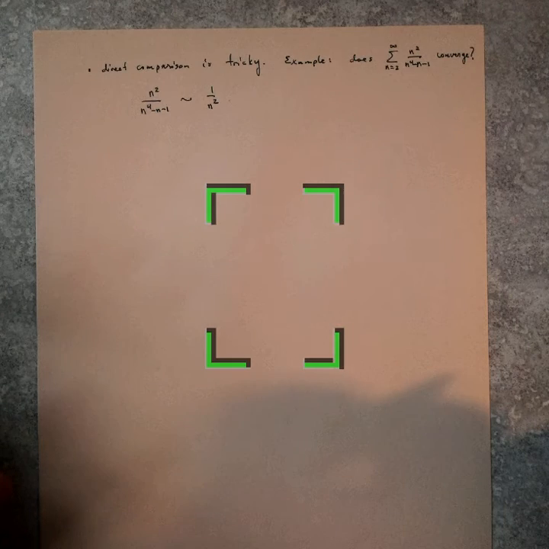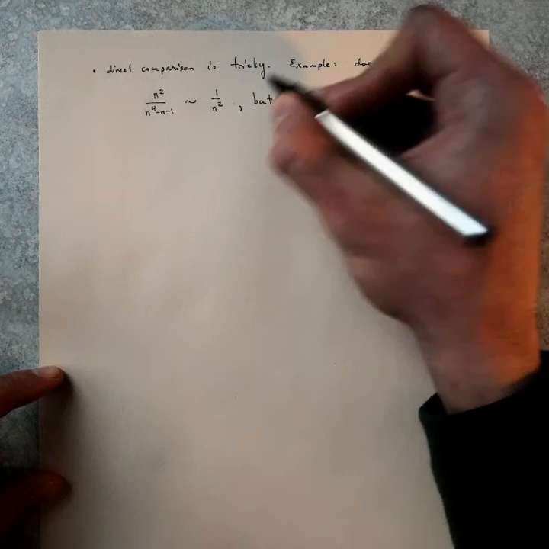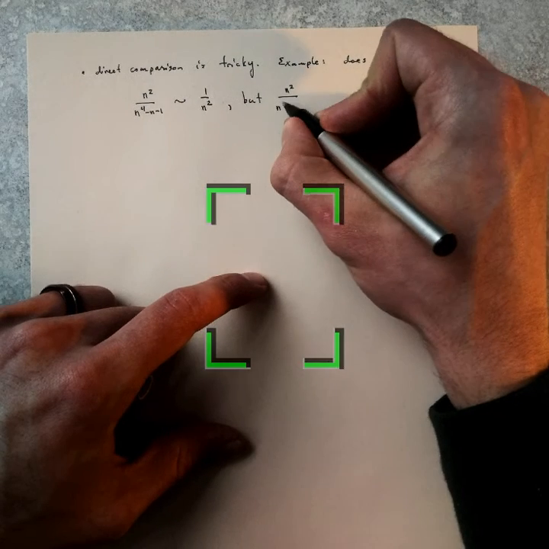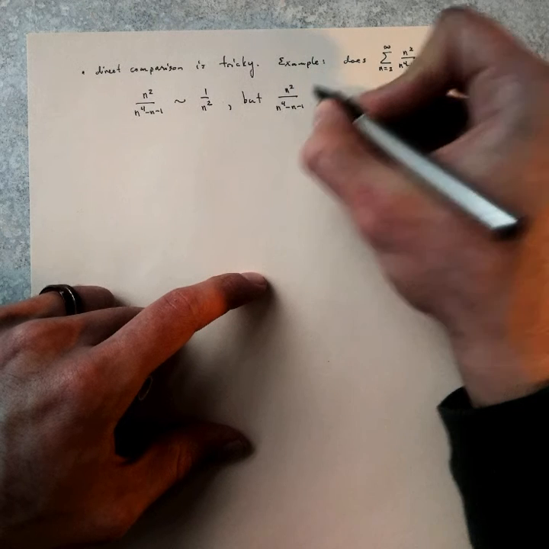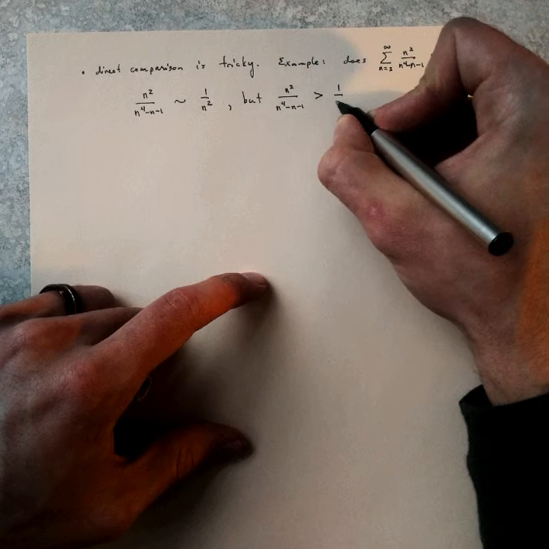Okay, that's the idea, but n squared over n to the fourth minus n minus 1 is actually greater than 1 over n squared.